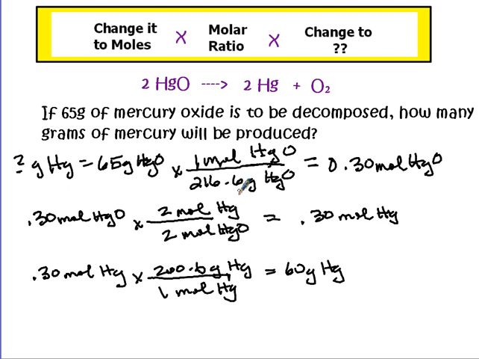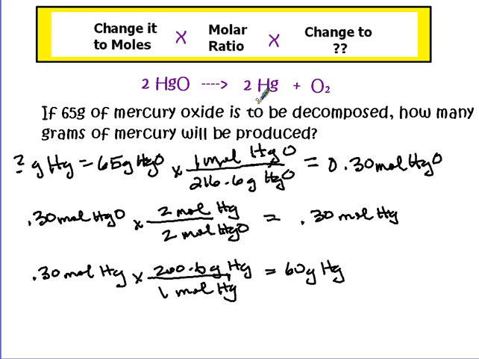After I changed it to moles, I could use my molar ratio. Now notice this one, molar ratio, the numbers are the same on the top and bottom. That's because from the balanced equation, I had 2 moles of mercury oxide and 2 moles of mercury. Just because they're the same and they're going to cancel out doesn't mean you should leave it out of this process.